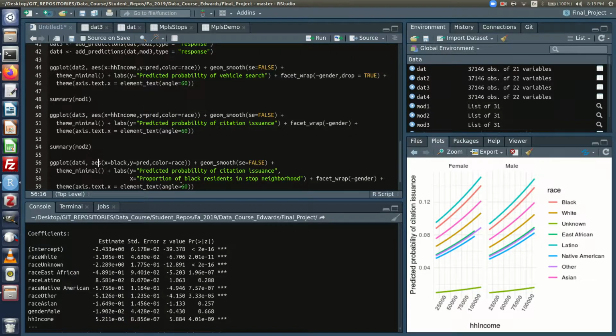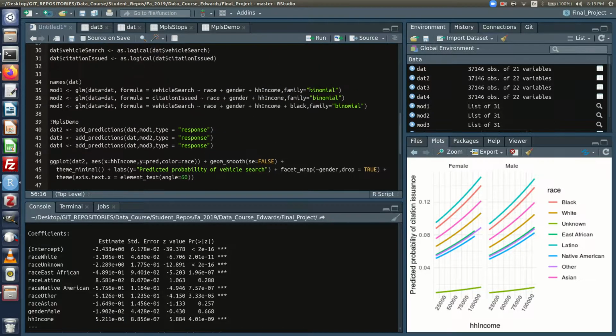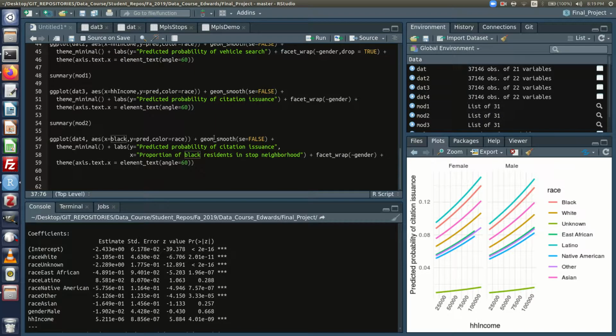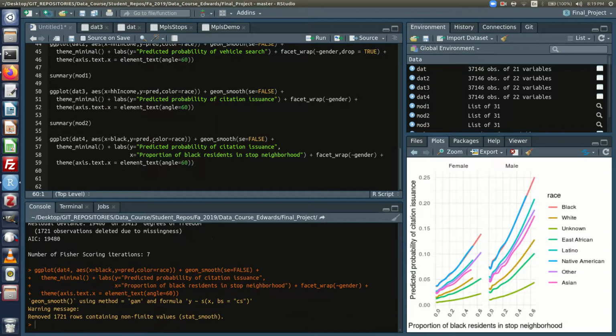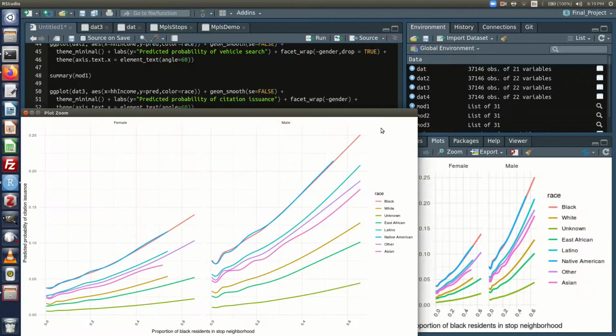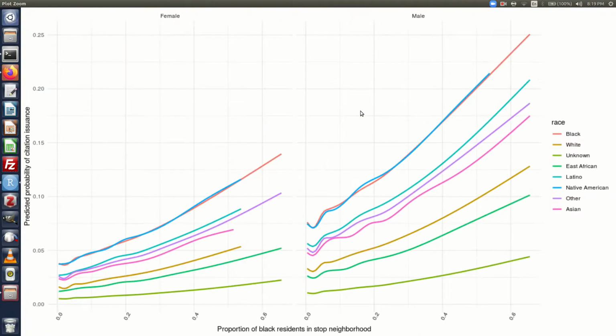Now, DAT4. This is the one where I also included the neighborhood racial component, not just the driver. So let's see here. Males are still getting citations at a higher rate than females. Black and Native American look like they're overlapping here.